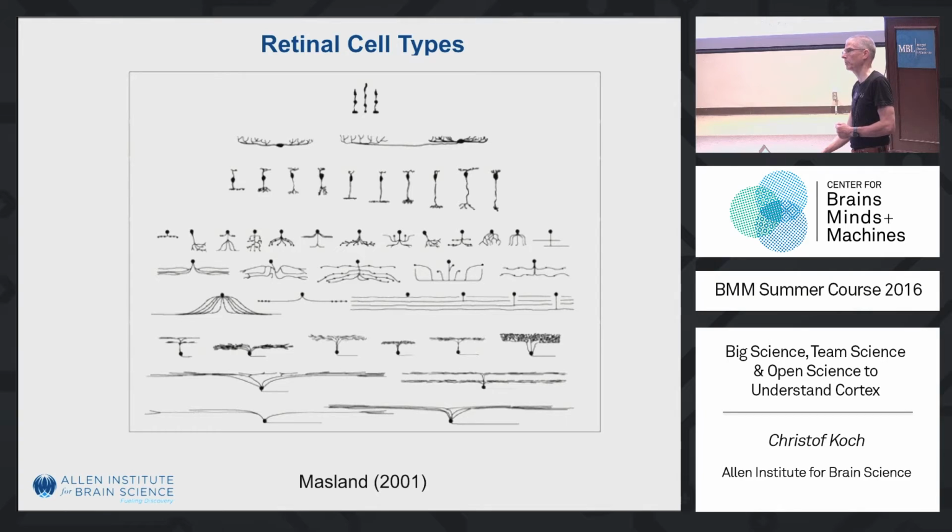Nobody would publish a paper and say, well, I recorded from 20% of all cells in the retina, without saying I recorded from this particular ganglion cell class or that particular amacrine class.